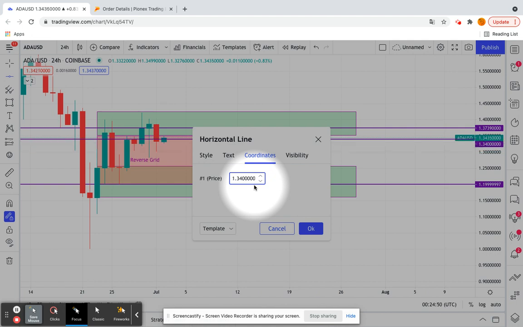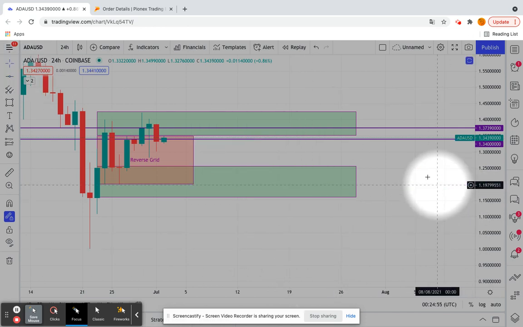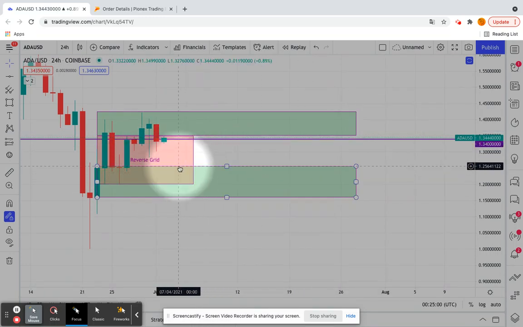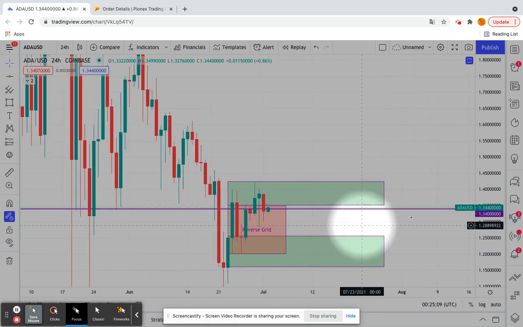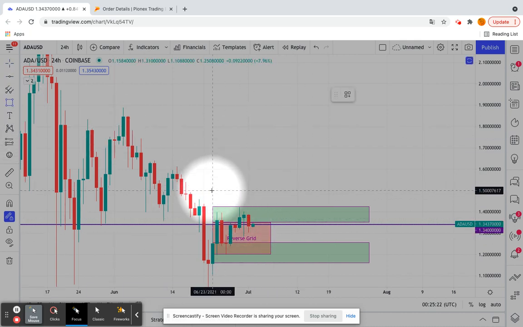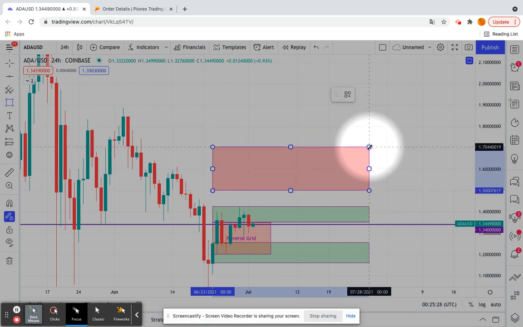All right. Now we're going to get rid of the other two lines. So you had a reverse grid here. You've got 1.34 as your price right now. If you stop it and this weekend comes and all of a sudden, Sunday evening, Monday morning, it's going to pump, you can start another grid at like 1.50 to like 1.70.